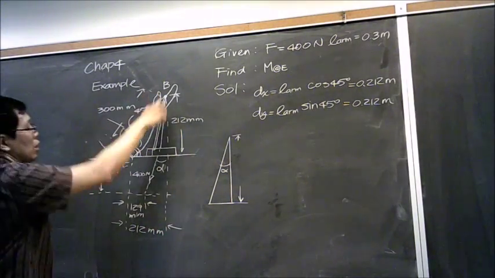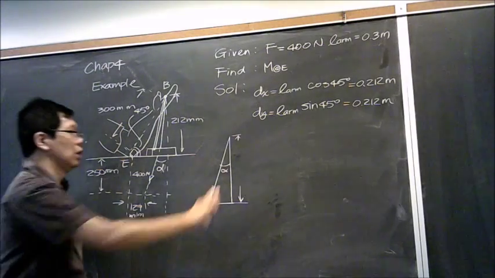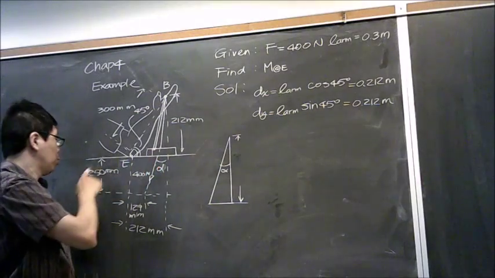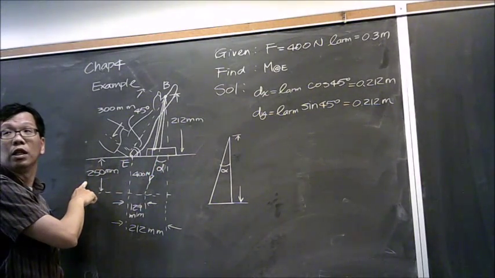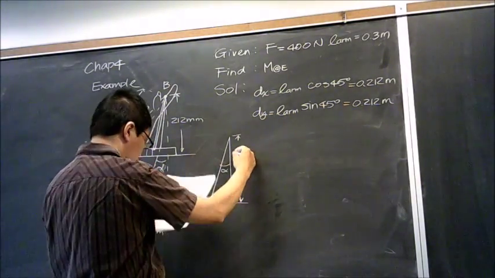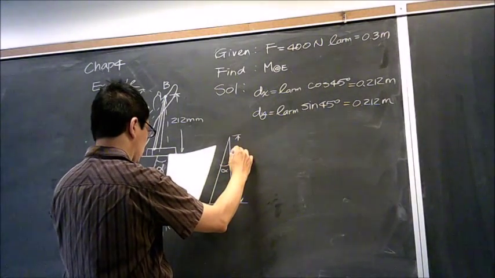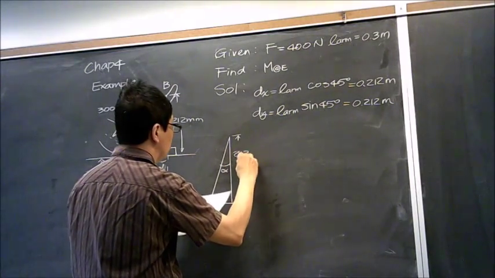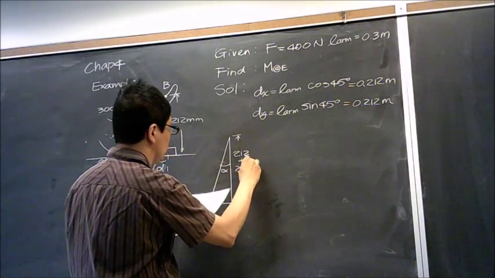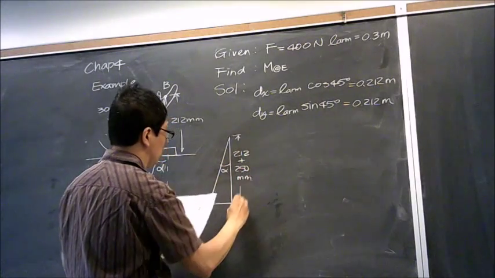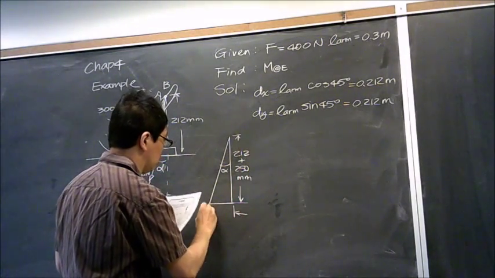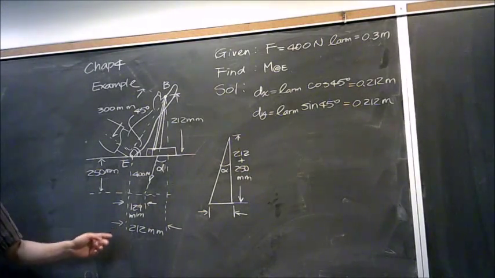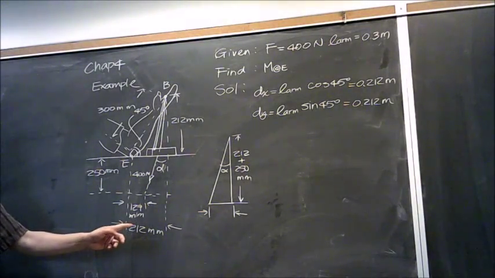This is a big triangle over here. The height over here becomes what? 212 plus 250. Right. So over here, this is 212 plus 250. How about here? 212 minus 127.